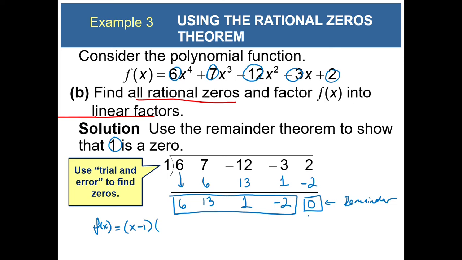Since the remainder is 0, this is also a factor, and we're going to use 1 degree less than the original polynomial. So this is a cubic term. So it's 6x³ + 13x² + x - 2.